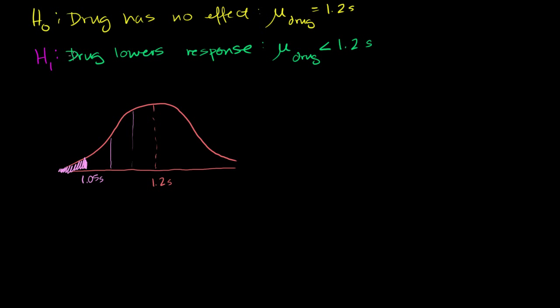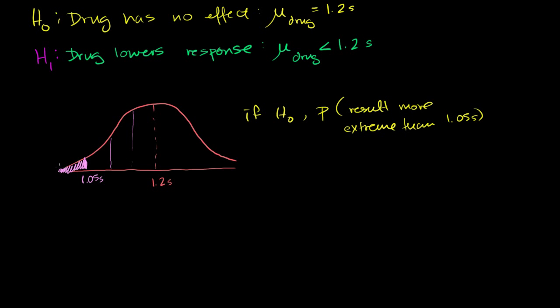So if our null hypothesis is true, we consider the probability of a result lower than 1.05 seconds.